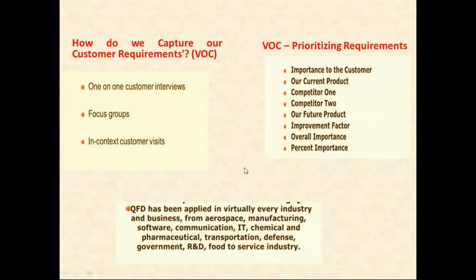Now, where are the applications of this QFD? You can find it everywhere. In each and every sector, you can implement this QFD. So it is virtually every industry and business, from aerospace, manufacturing, software, communication, IT sectors, chemical and pharmaceutical sectors, transportation, defense, government, R&D, food to service industry, etc. Anything, even your simple lab, any one lab you can take, and you can do quality function deployment there.